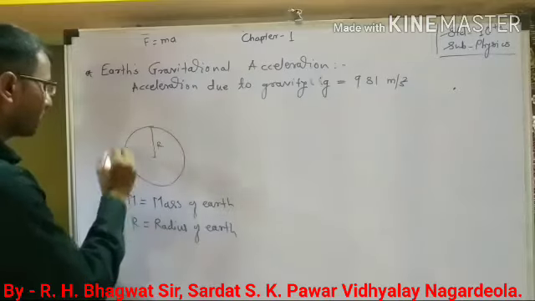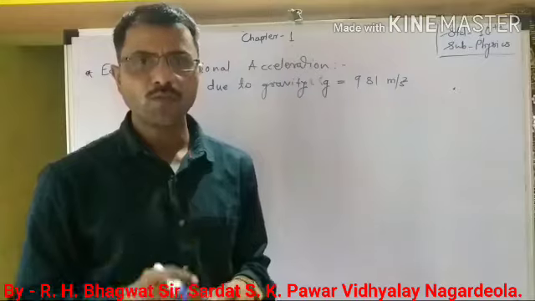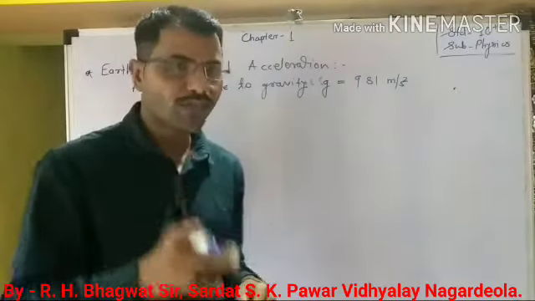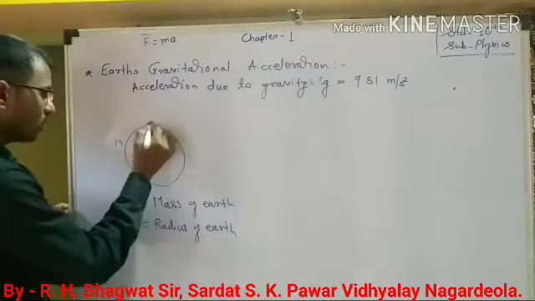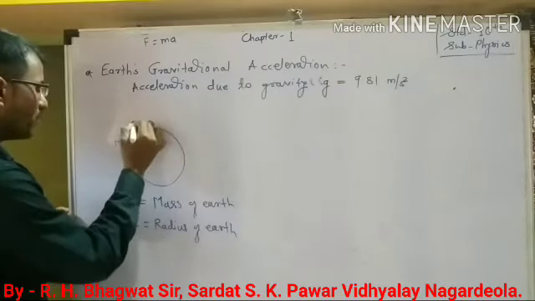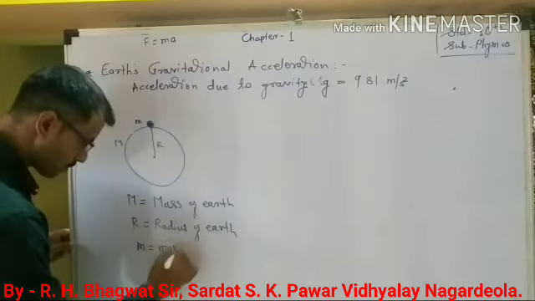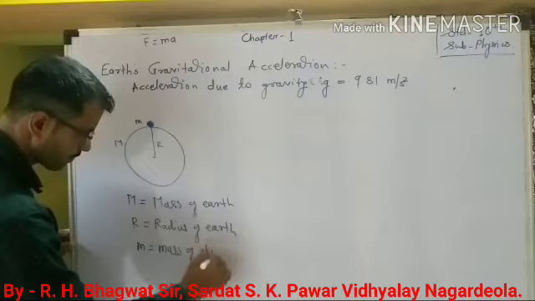Now, when we place any object on the Earth's surface, having mass small m, small m is the mass of the object.